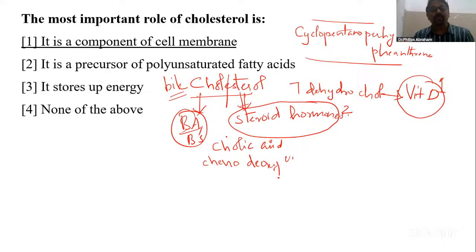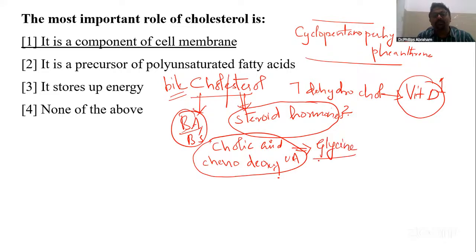And then, what are bile salts? These two, cholic acid and chenodeoxycholic acid, are not soluble. To make them soluble, we attach either glycine or a compound called taurine. If we attach glycine, we call it glycocholic acid.